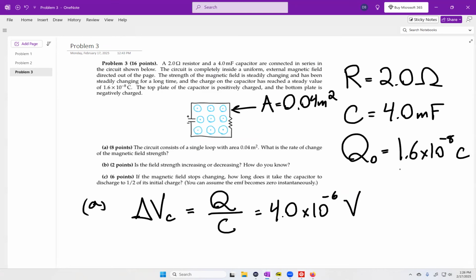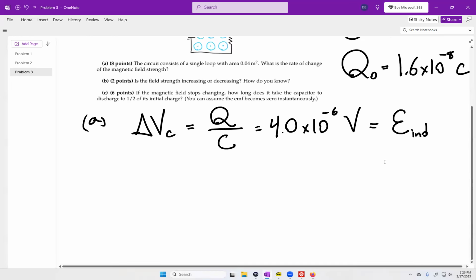And this is equal to our induced EMF, because again, that induced EMF is what is pushing charge and holding charge on the capacitor. So to get the induced EMF, we can use Faraday's law.